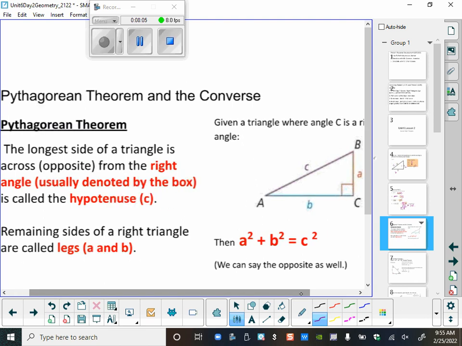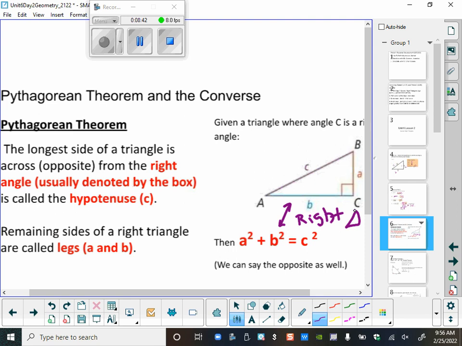Basically, the Pythagorean theorem. The longest side, crossing the right angle, you square it, and it equals the square of the first leg plus the square of the second leg. So this equation is true for a right triangle, and vice versa.